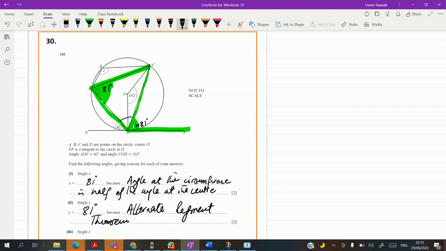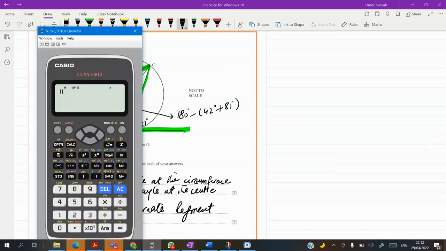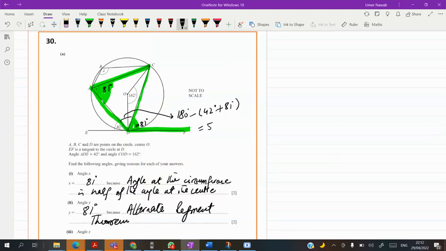Try to find this angle first. 180 minus, bracket open, 42 plus 81, it gives you 57.